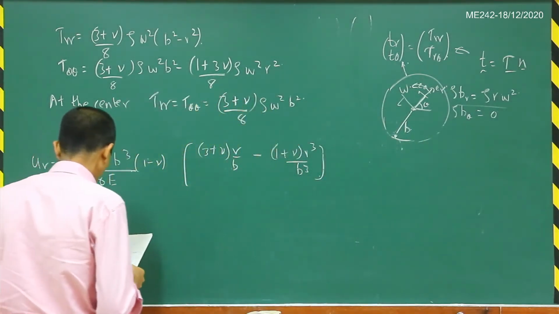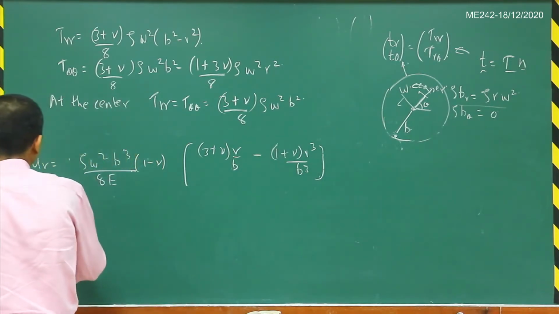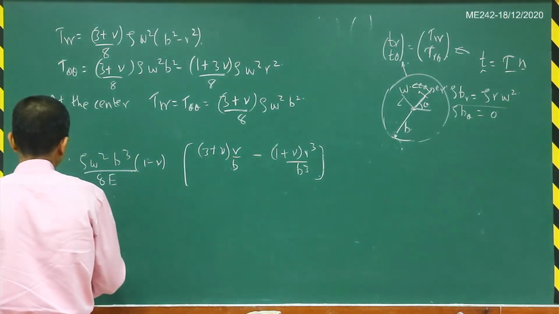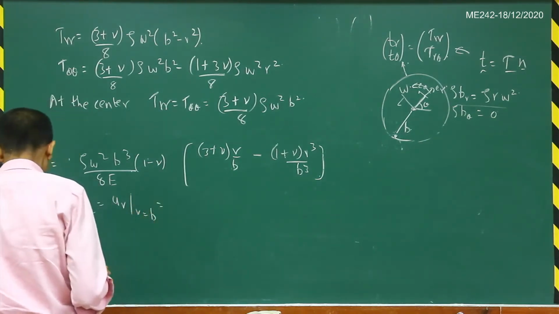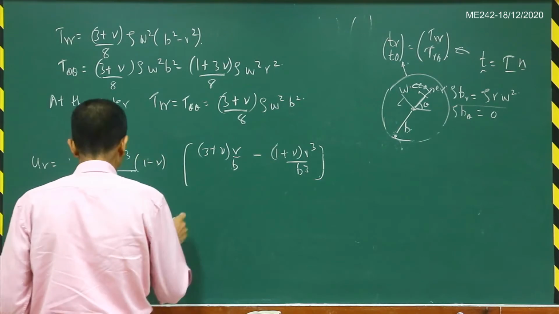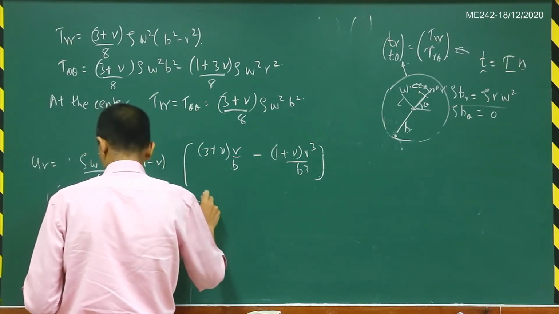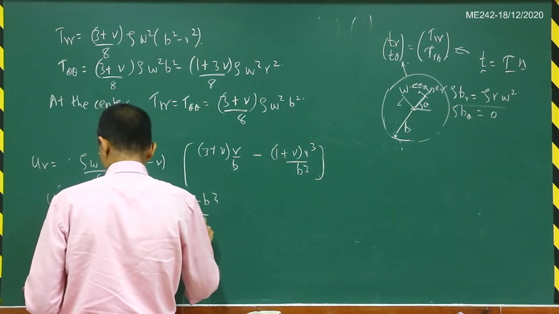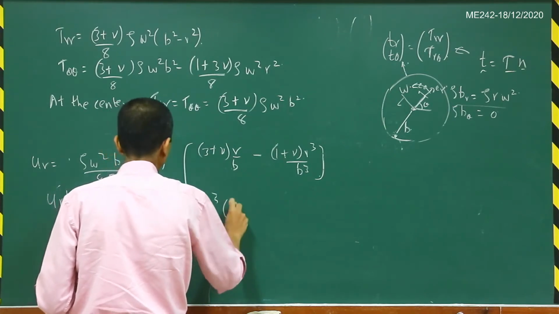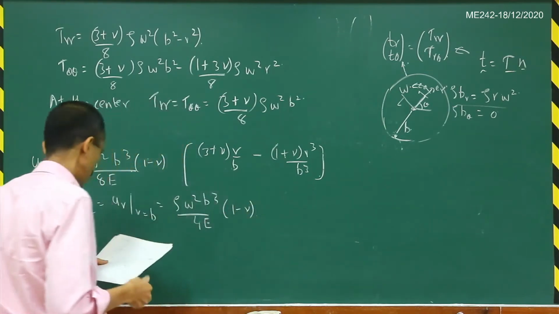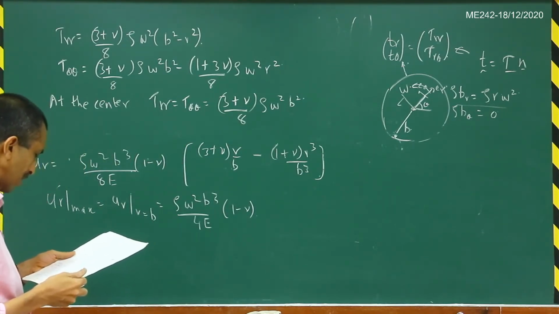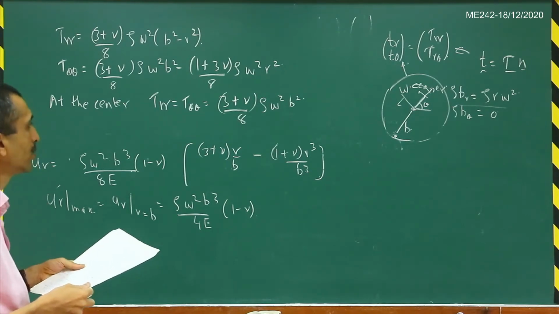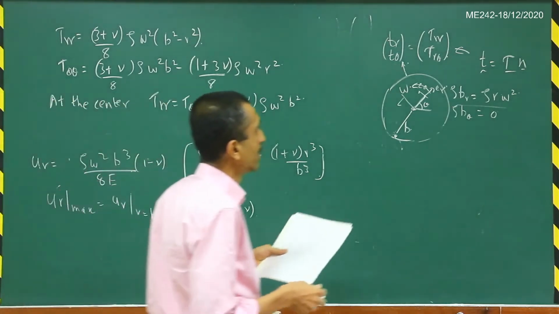So you get that UR max is equal to UR at r equal to b, and that is equal to rho omega square times b cube divided by 4E times (1 minus mu). So this is the maximum displacement at the boundary. Fine. So this is the solution that you get for the solid disk.